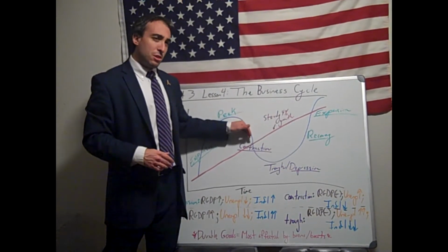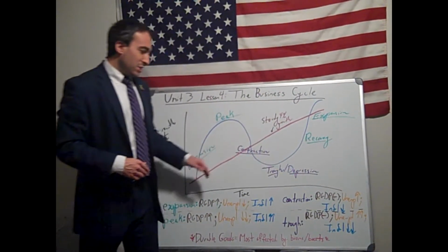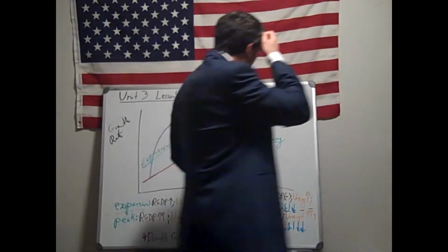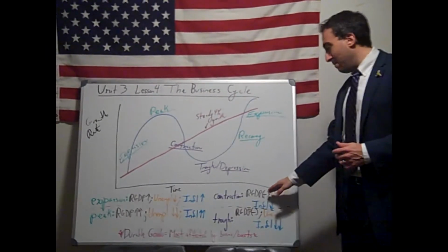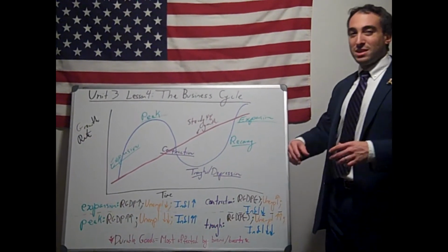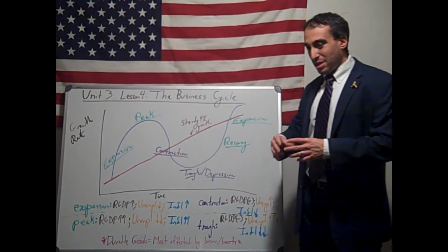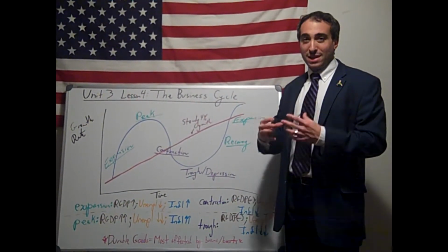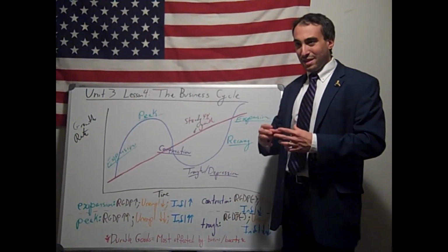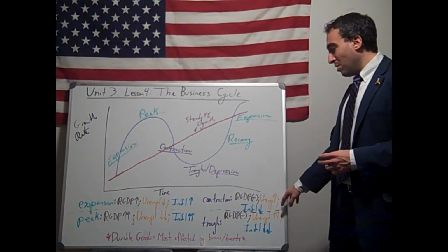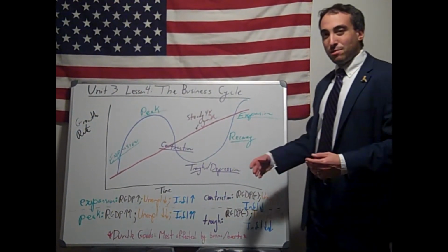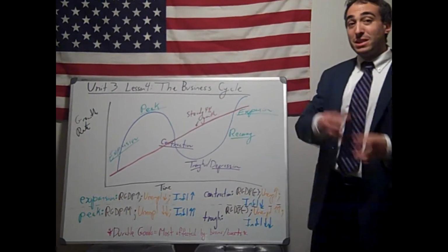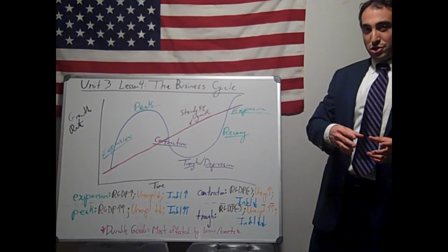And as the economy starts to contract, real GDP first slows down, and then in the contraction, it becomes negative. That means there is a decrease in spending, it is contracting, the economy is shrinking. Because there's negative spending, unemployment is increasing as people are not spending money on newly produced goods and services.